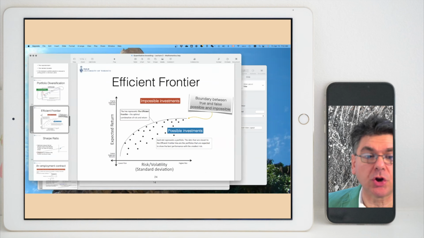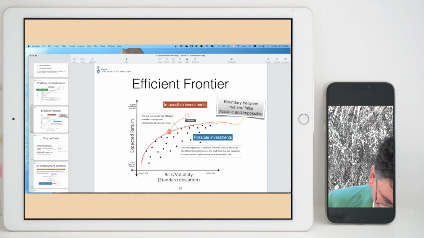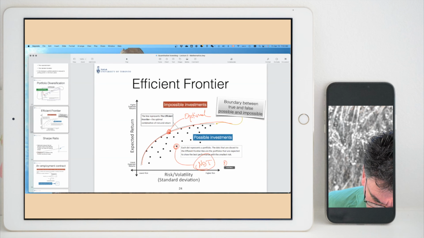He obtained the Nobel Prize for economics for that. And we have an efficient frontier. The efficient frontier, which is here, tells us that this investment is optimal. And this investment here is not optimal.